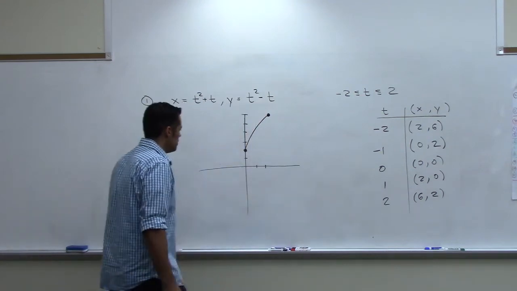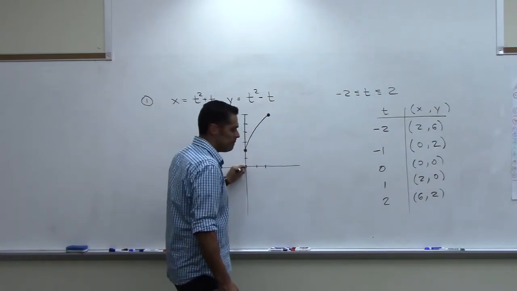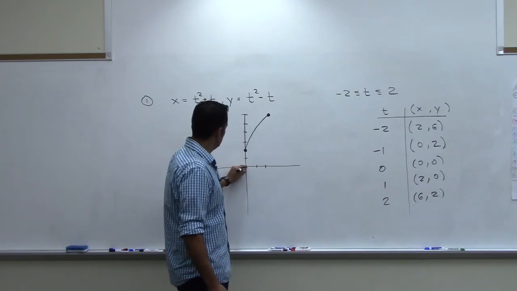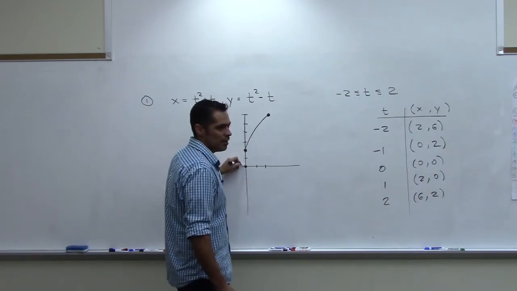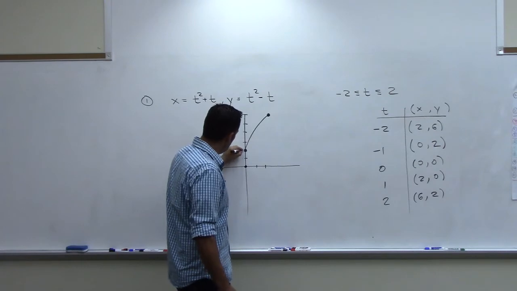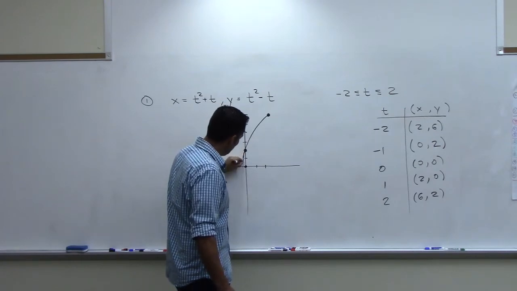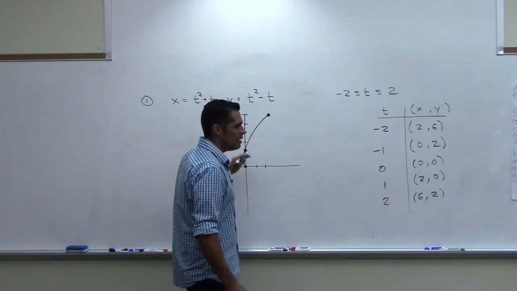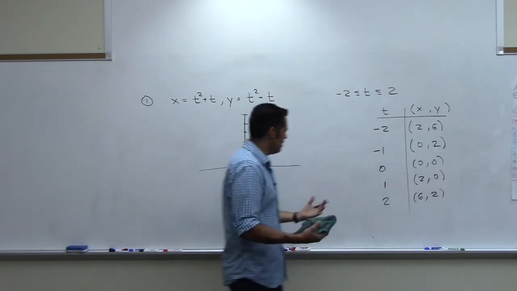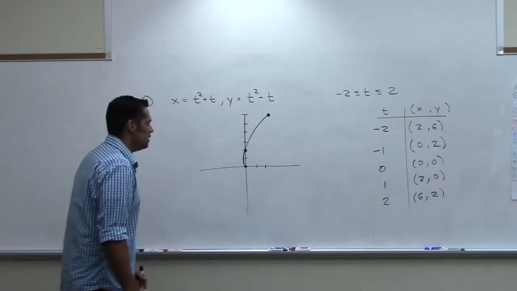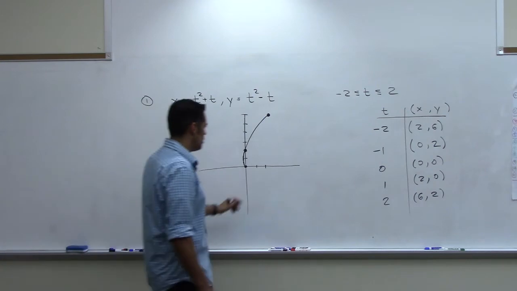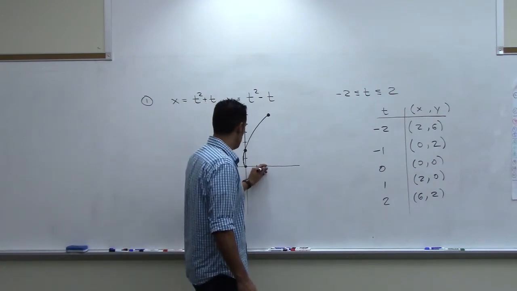And then the next point is 0, 0, which is here. Now, again, I know from here to here is not a straight line, so it's got to be a curve. And most likely it's going to do something like that. But again, I need more points to be able to get that much detail. At 1, we're at 2, 0, so that puts us here.